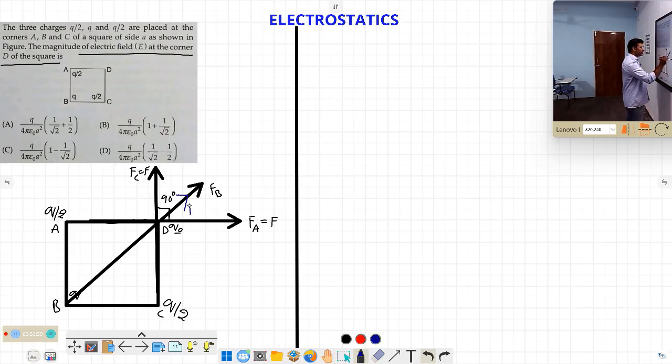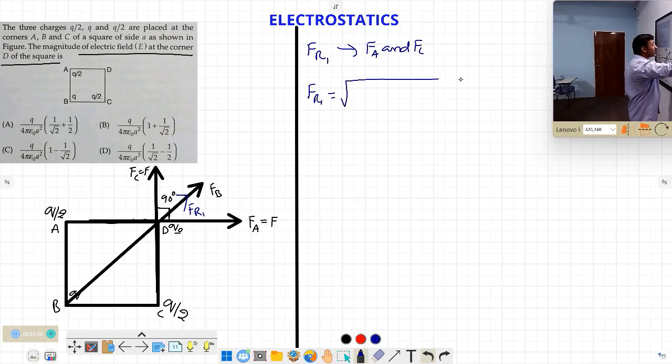So this resultant I am writing as FR1. What is FR1? FR1 is the resultant of FA and FC. According to our concept, FA and FC are both the same, equal to F.